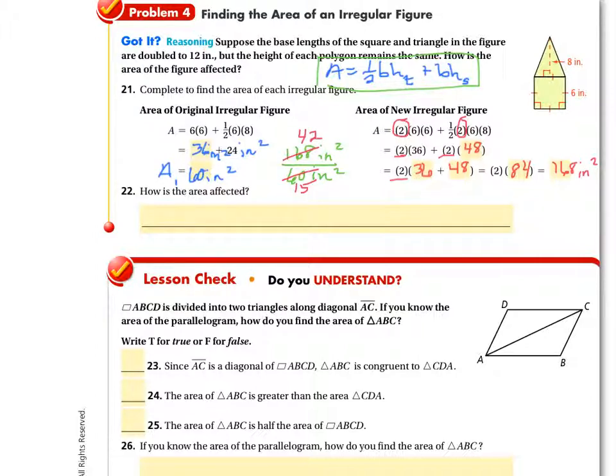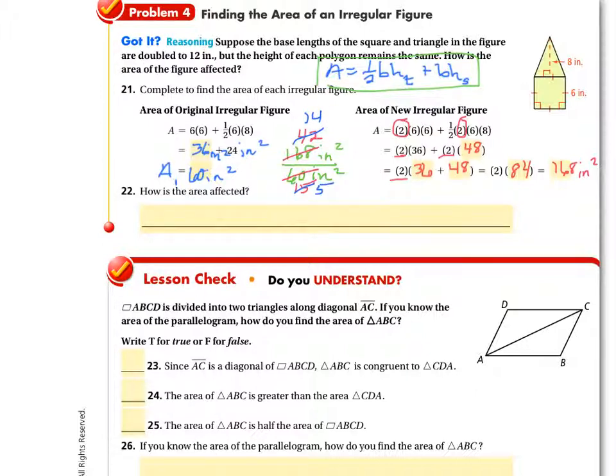Does anything go into 42 and 15? What goes into 15? Only 3 and 5. Does 3 or 5 go into 42? Yep. Which one? 3. So 3 goes into 42 14 times, and 3 goes into 15 5 times.